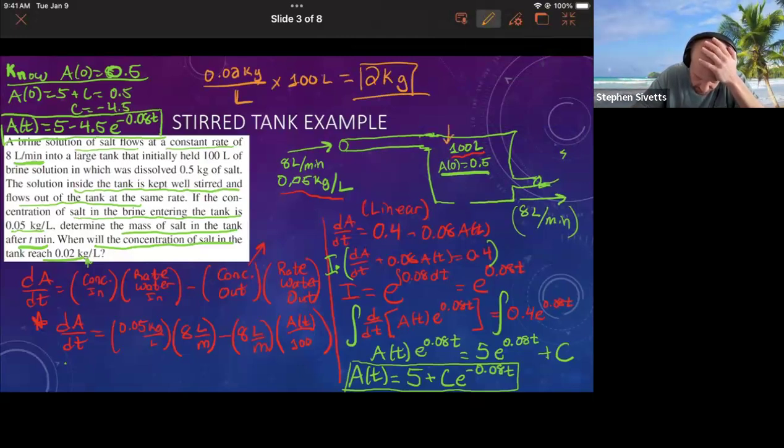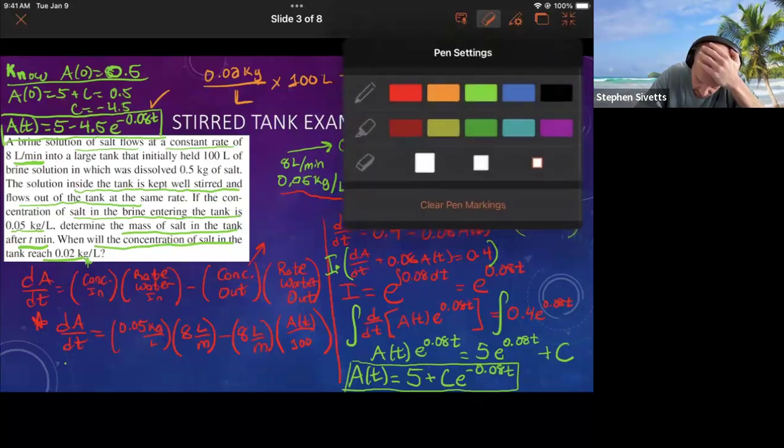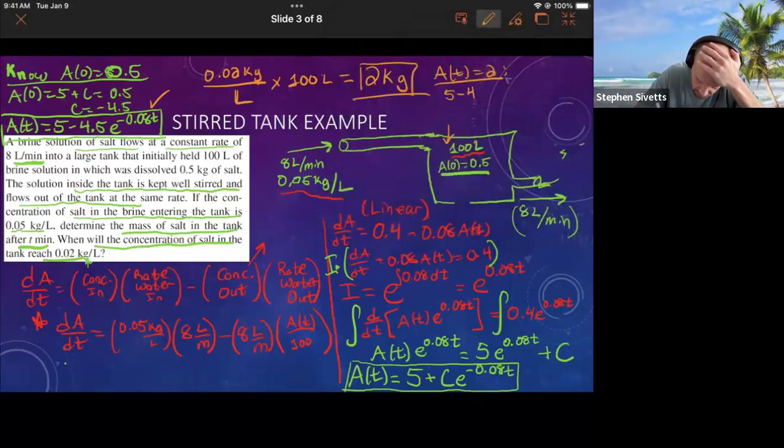So we want to look at what is the time where we will have 2 kilograms of salt in the tank. Essentially, we take our particular solution and we just solve for T, right? So let's solve for T in this equation: 4.5 e to the minus 0.08 t equals 2.